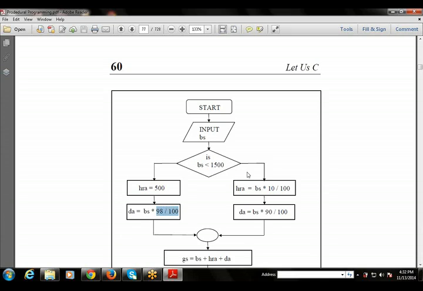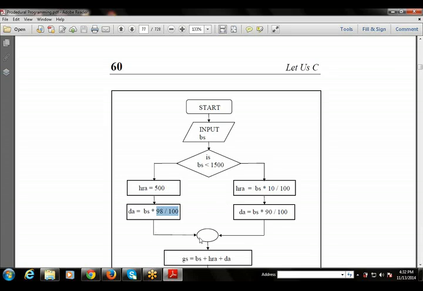So there are 2 conditions. If the basic salary is less than 1500, the condition is true, then the HRA is different and the DA is different. This scenario will be solved with the help of the C decision control statement, that is the if else condition. If the condition is true, one statement will execute, otherwise the else part will execute.